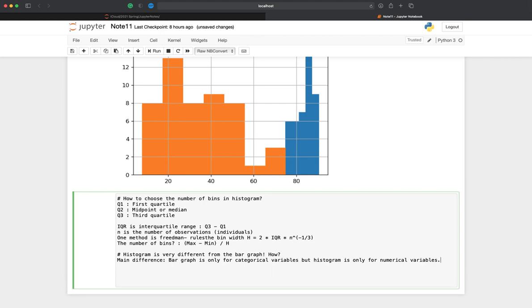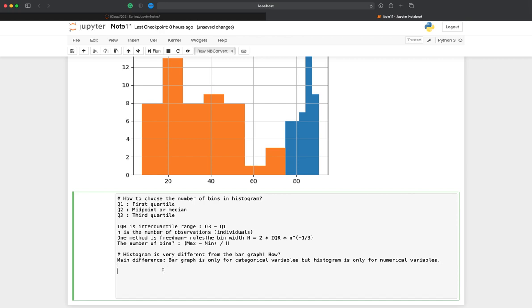As I mentioned once, it's very important to know what type of variable you are dealing with, because categorical variables have their own graphs. Numerical variables have their own graphs. So if you use a bar graph to show a numerical variable, it doesn't make sense at all. And if you use a histogram to show a categorical variable, it will not be understandable at all.